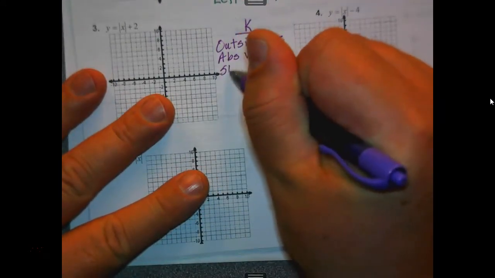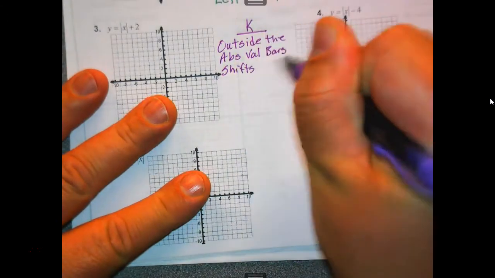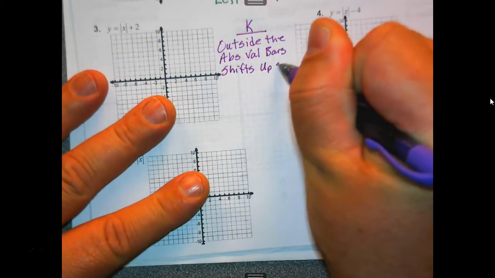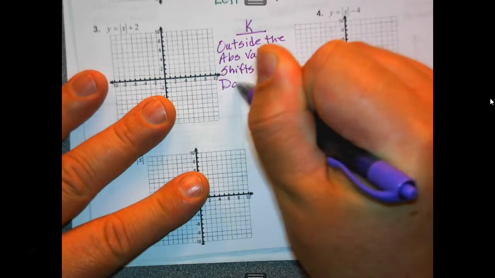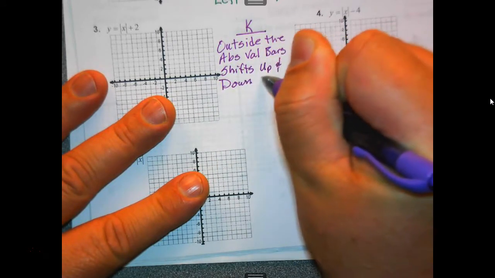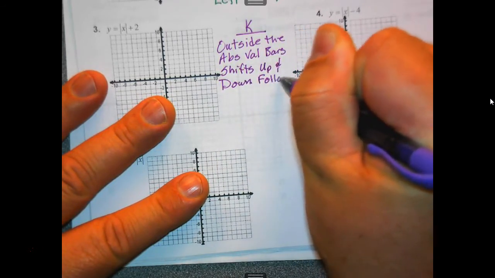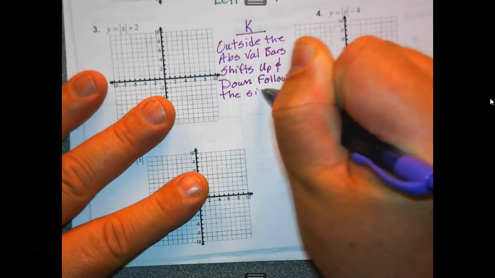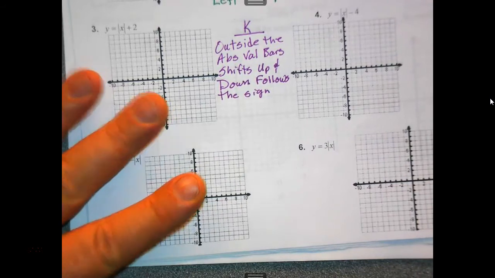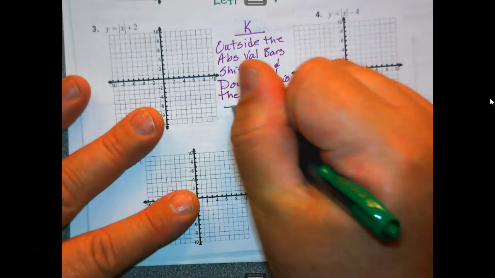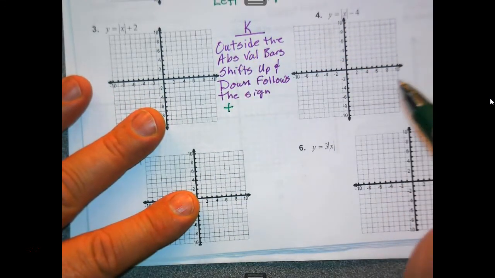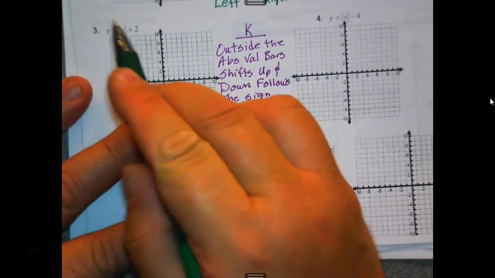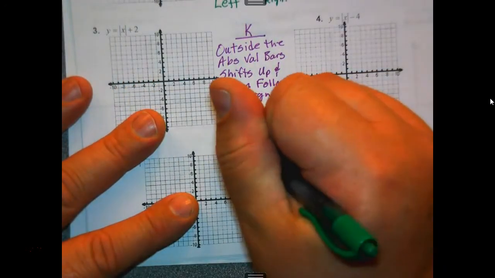So it shifts up and down and follows the sign. So if my k is a positive number, like plus 3, or in this case, plus 2, it's going to go up 2.